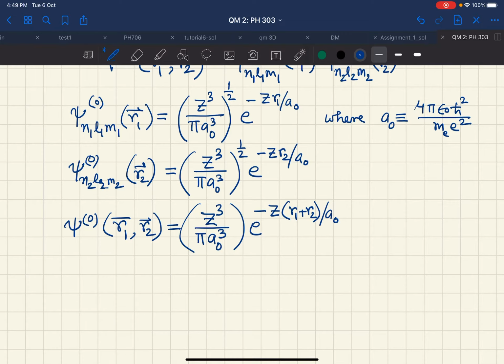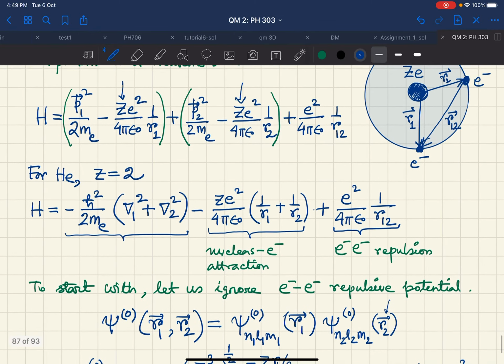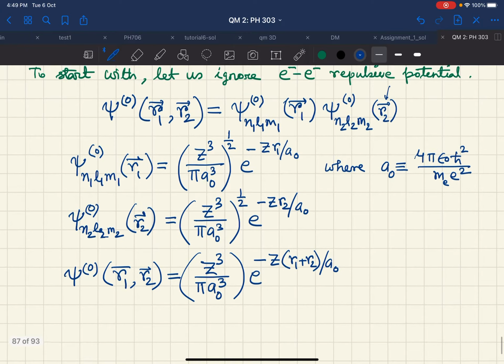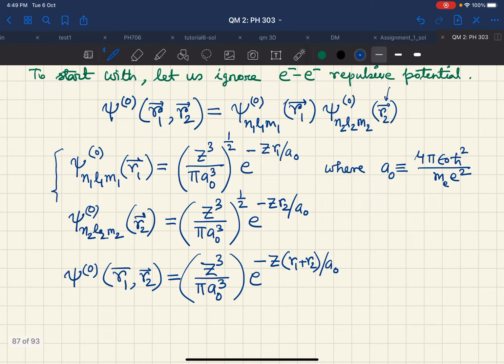So let me at this stage again number the different equations. Let us call this 1, this 2, this together as equation number 3, and this is say 4. So this is the hydrogenic ground state wave function when there was no electron-electron interaction term.